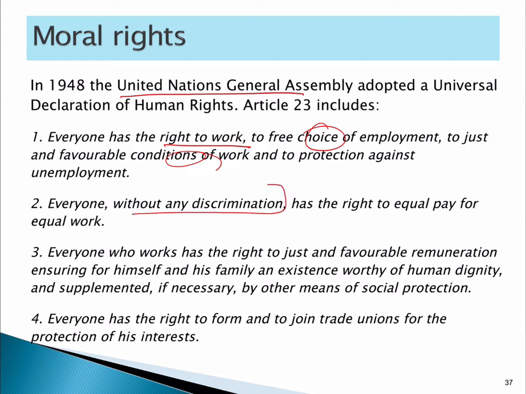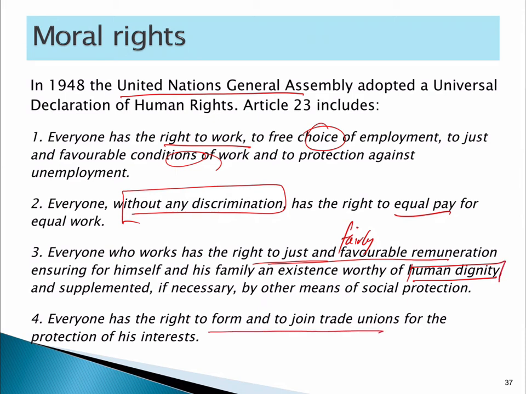Everyone, without discrimination, has the right to equal pay for equal work. Everyone has the right to be paid fairly, which ensures people and their family can live with dignity. Everyone has a right to form and join a trade union to protect his or her interests.